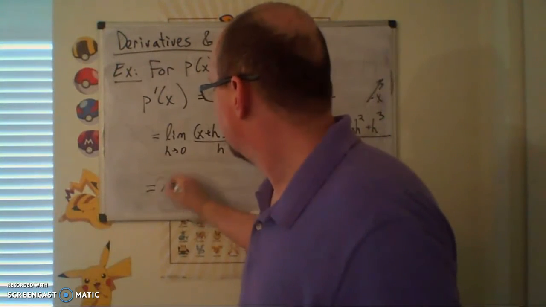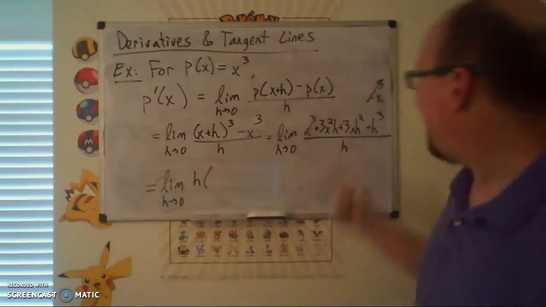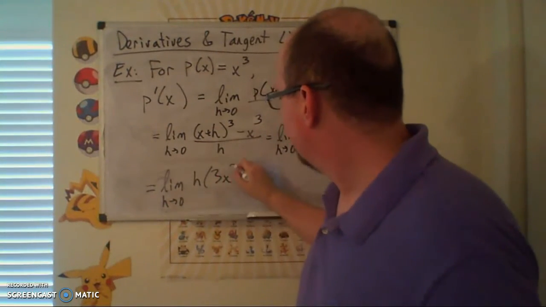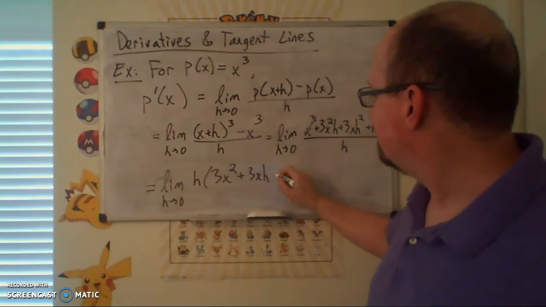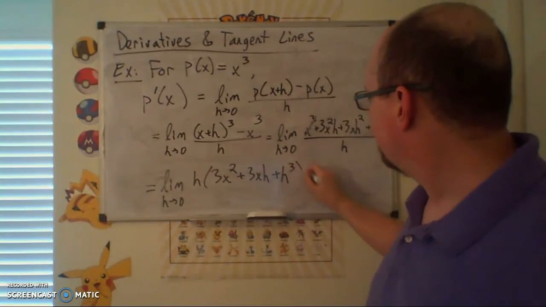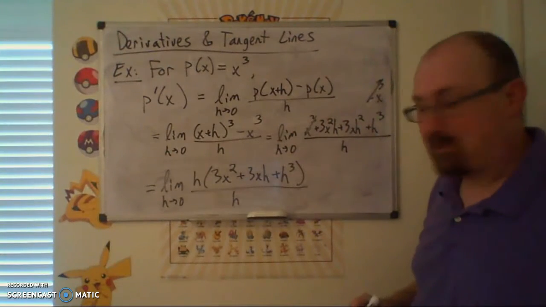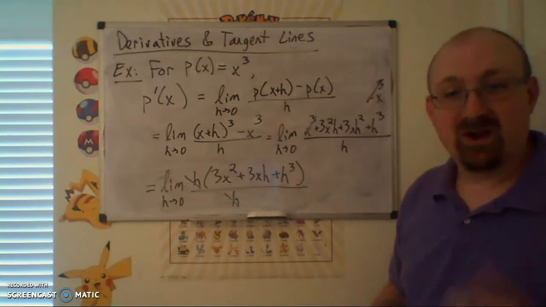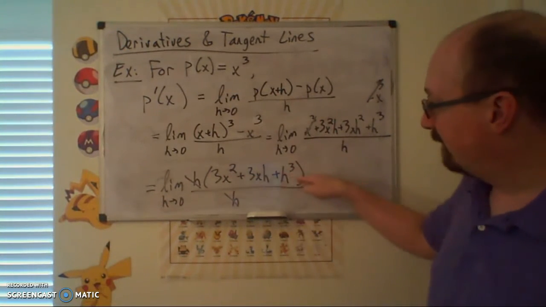So I'll come down here and factor an h off this thing. The first term, all I'm left with is 3x squared plus 3xh plus h cubed, all over h. Just like in that previous example, anywhere other than 0, we're safe to get rid of the h from the calculation, and we're left with this thing.